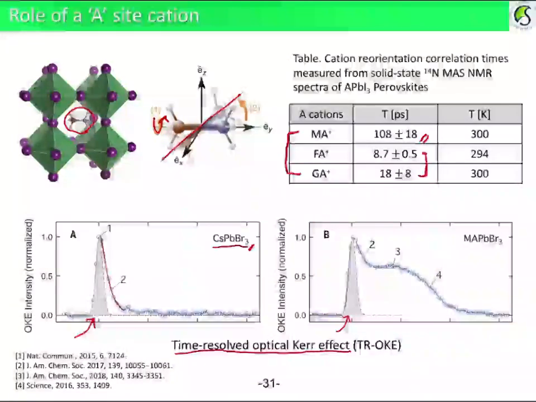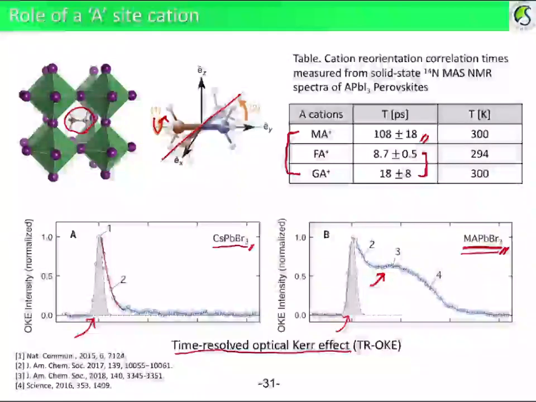But in the case of perovskite film with organic cation, there is an additional change in refractive index with a slower time scale, which originates from the reorientation of the organic molecules.